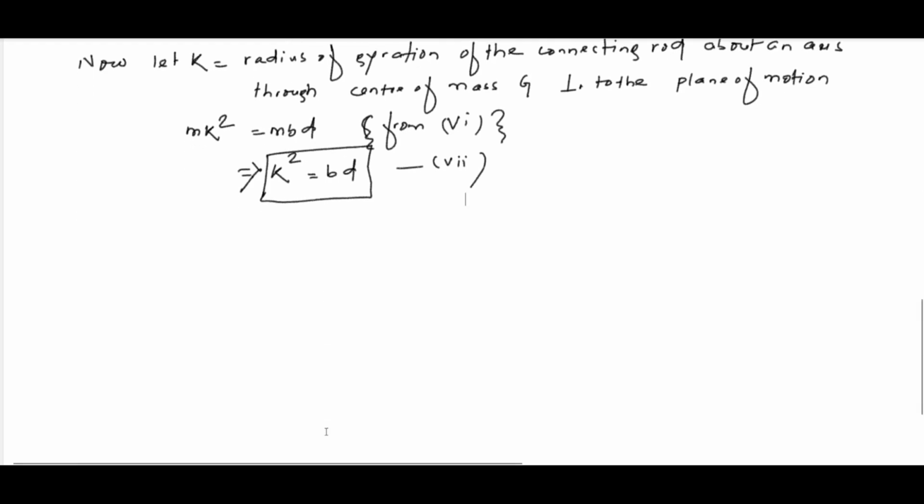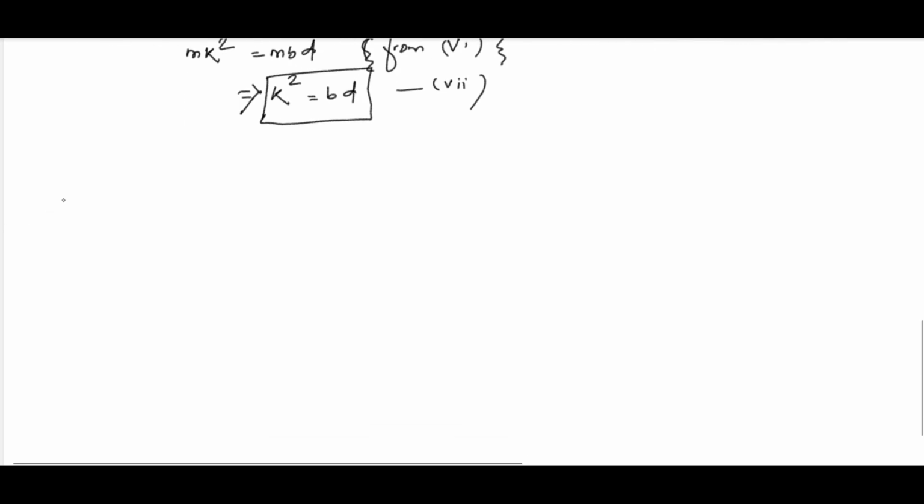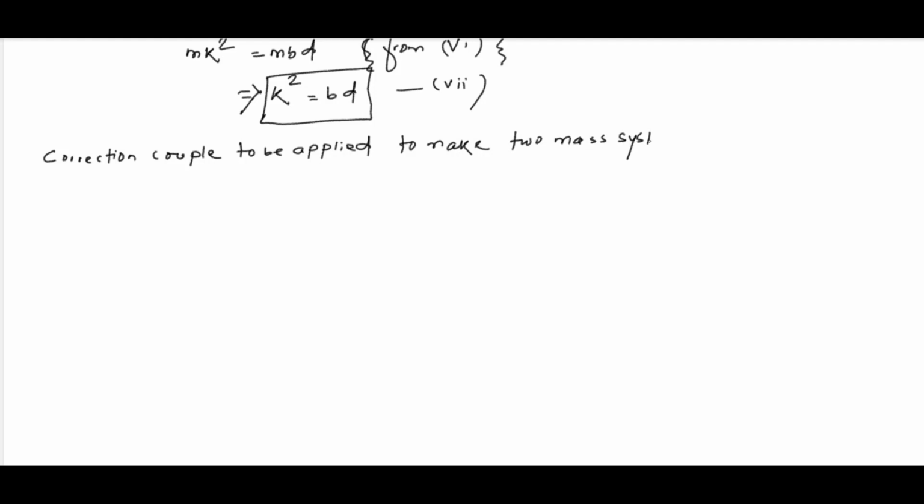Now we'll learn about a term, correction couple. You can write here: correction couple to be applied to make a two mass system dynamically equivalent.